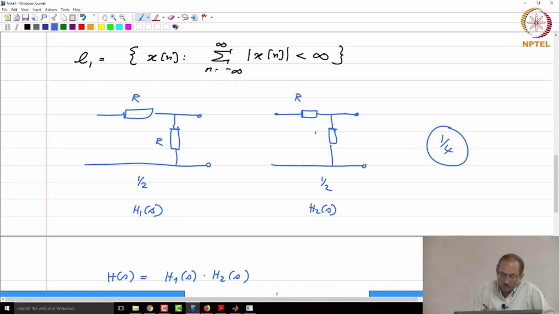If you cascade these two, you expect the gain to be 1 over 4, but you can just connect these two and find out what VO by VI is. You will find the answer to be 1 over 5. So it won't be 1 over 4, it will actually be 1 over 5. It's very easy to see.